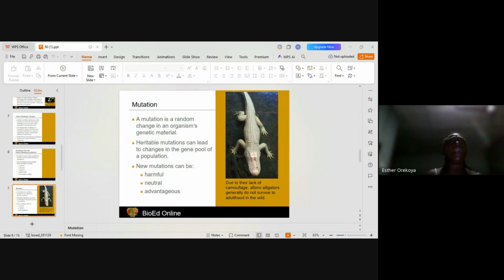Now, is this the normal color of an alligator? No. Alligators don't look like this. It is not their normal color. This is an example of a mutation. And what is a mutation? It is a random change in an organism's genetic material.